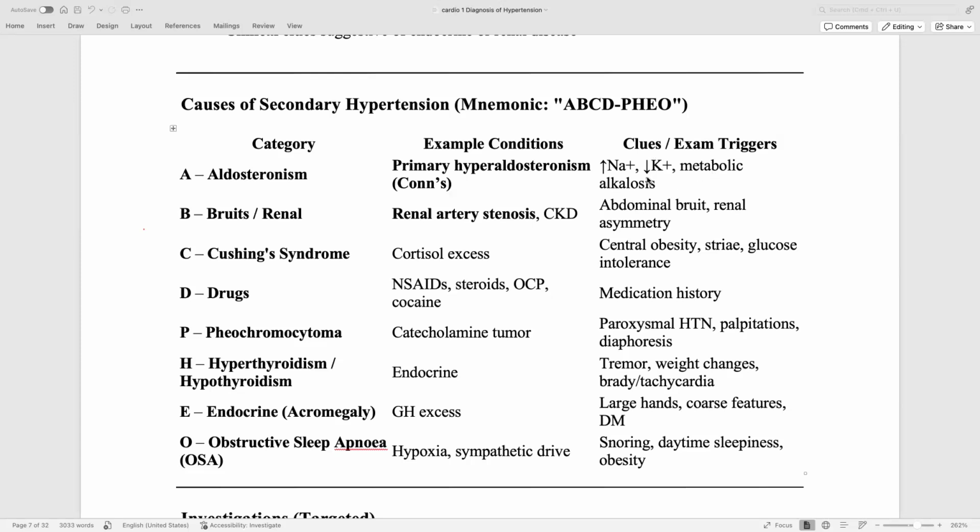With low potassium, there will be loss of hydrogen ion, so there will be metabolic alkalosis. So any hypokalemia is associated with alkalosis. عشان كده يقولوا metabolic hypokalemic alkalosis.